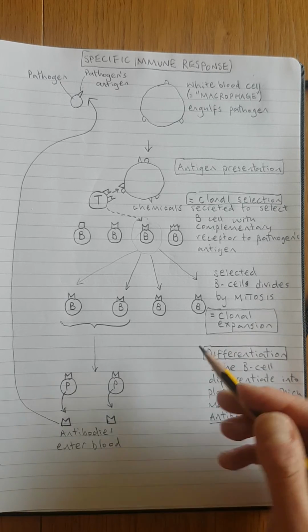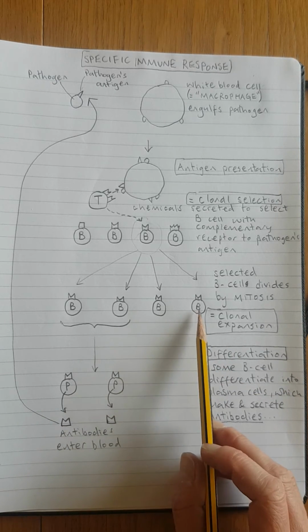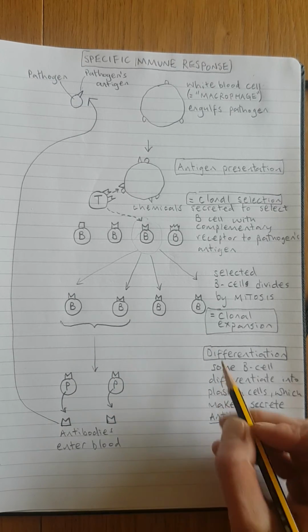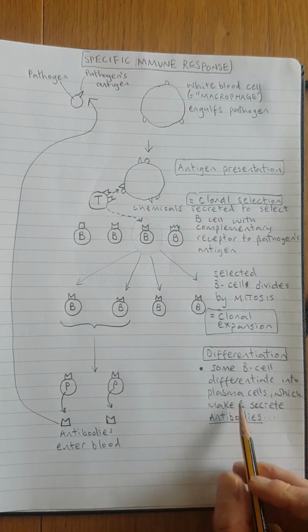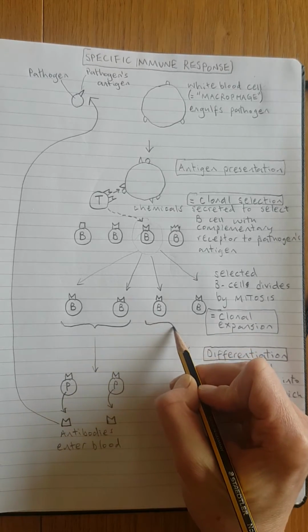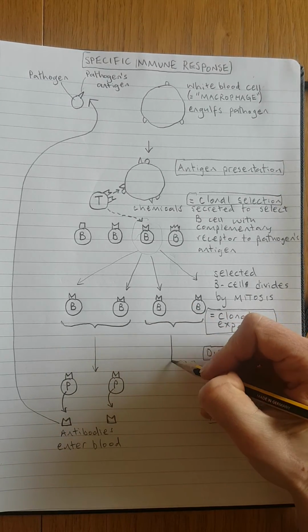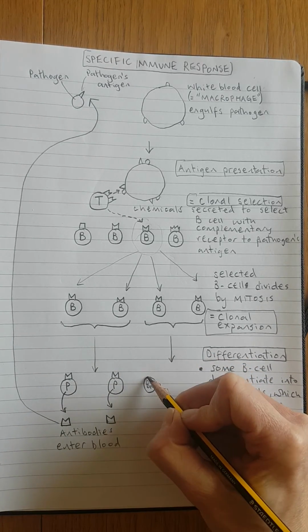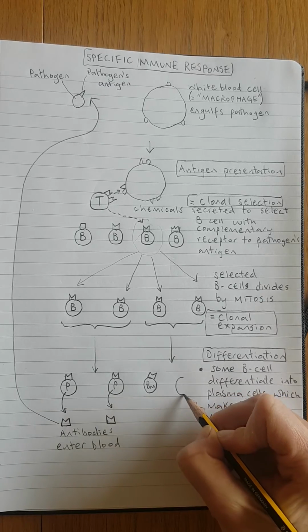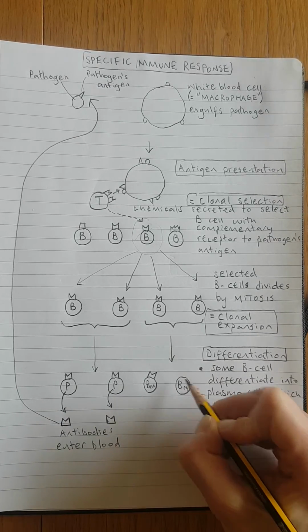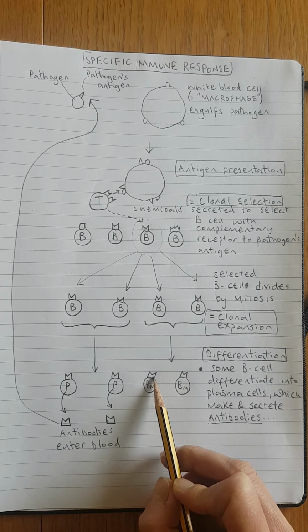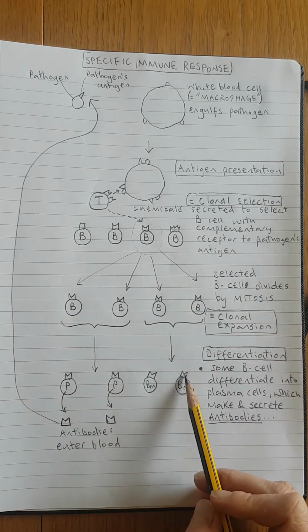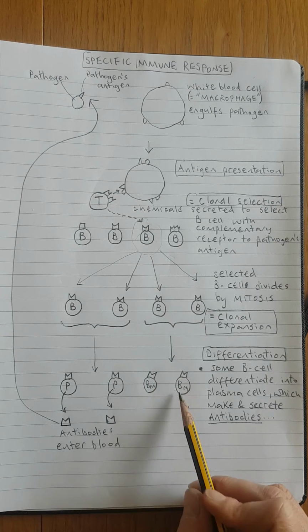Okay. Meanwhile, you'll notice I didn't bracket off these B cells because these B cells are actually going to differentiate into something else. So some of them are differentiating into plasma cells, some of them are differentiating into memory cells. Okay, so let's just notice that the receptor that they carry is the same receptor as the B cells and the selected B cell, and it's complementary to the pathogen's antigen.